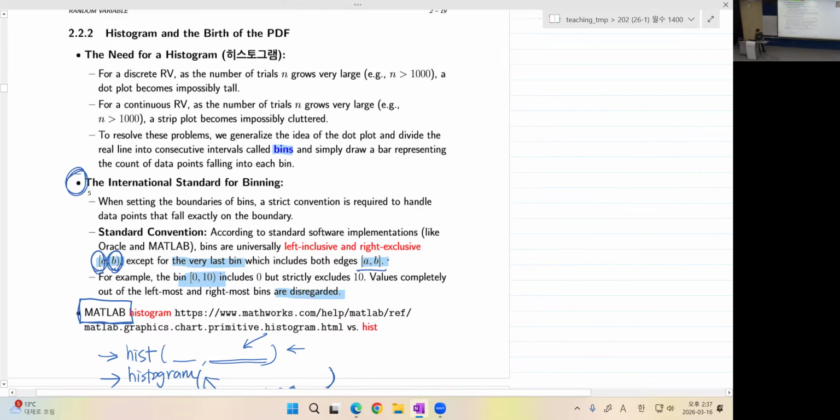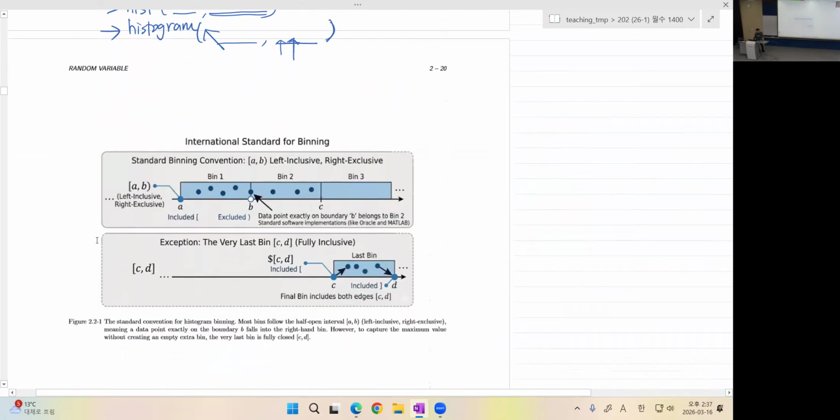The rightmost one, the biggest bin, is inclusive on both sides. And as I told you, if your data C is greater than B, this data is ignored. Suppose this is the leftmost bin and your data C is less than A, that is ignored by the definition of histogram. Got it?